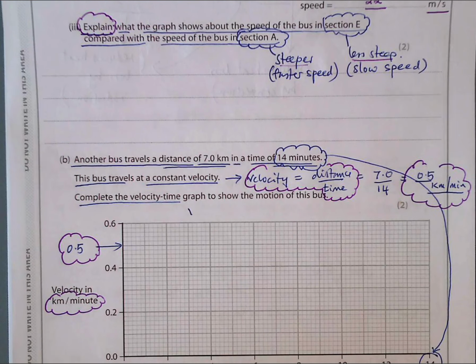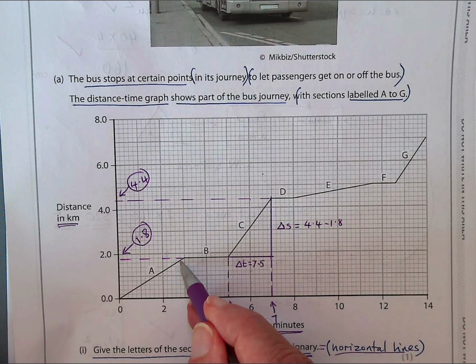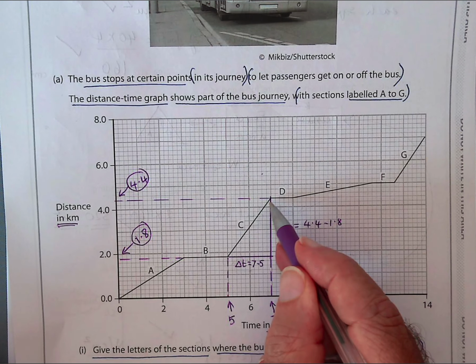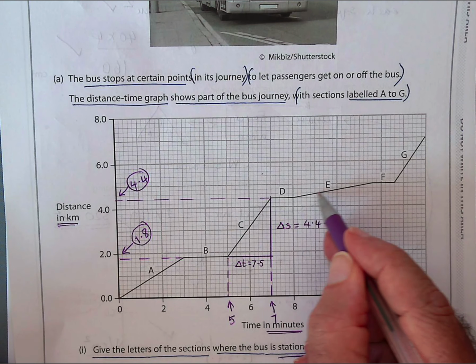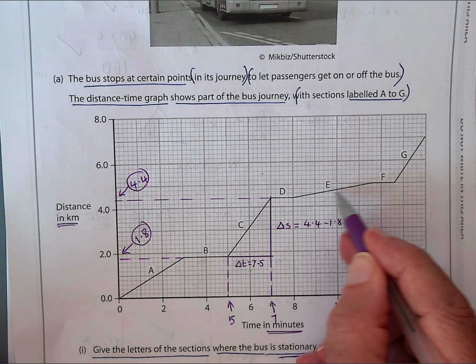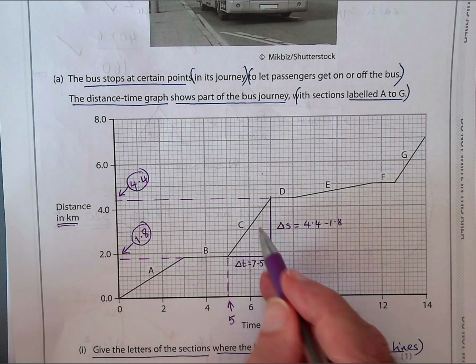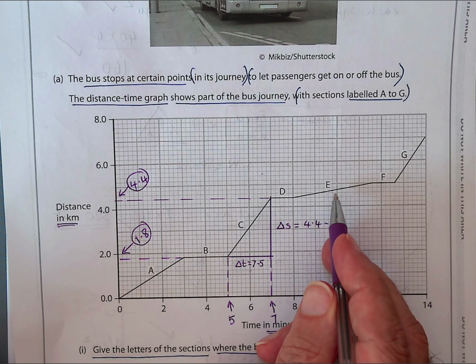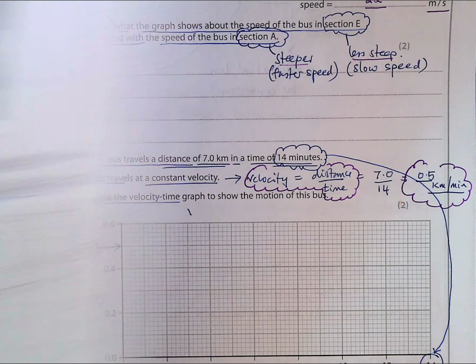And remember, we said the steepness is to do with speed. So section A is this steep. It's not as steep as section C, which we've already calculated, but section E is very low in terms of steepness. The distance doesn't increase very much in the time, whereas this one is not as high as C, but much higher than E. So they want you to explain.